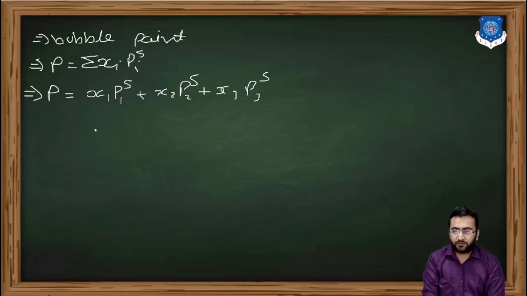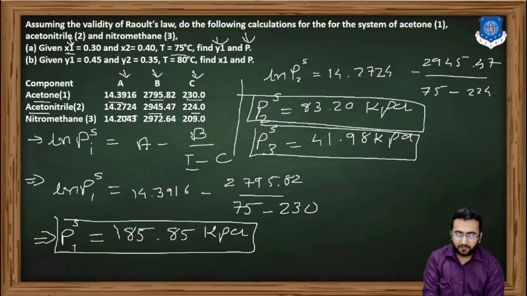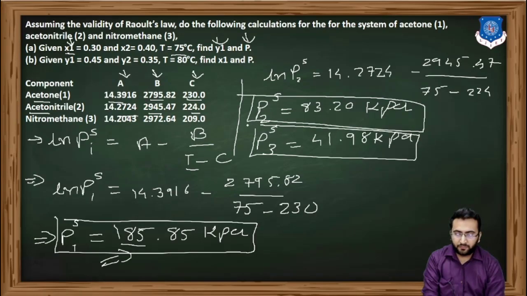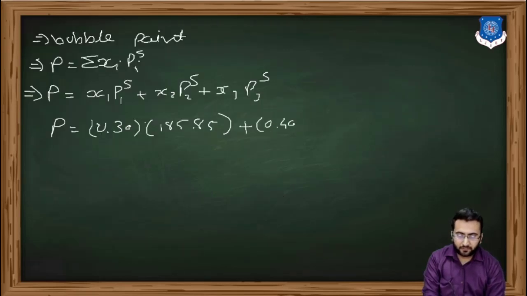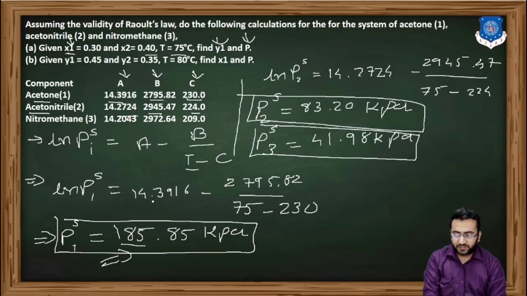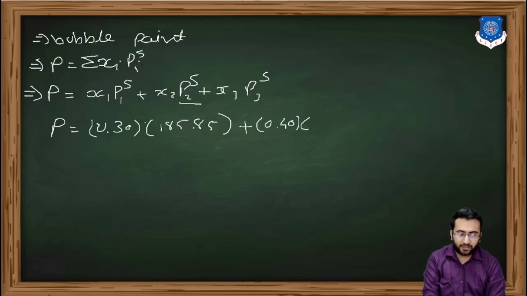The values of x1 and x2 are given. So let's write P is equal to the value of x1, which is 0.30, times the value of P1 which we found here, 185.85, plus the value of x2 given in the statement, which is 0.40, multiplied by the value of P2, 83.20, plus x3.